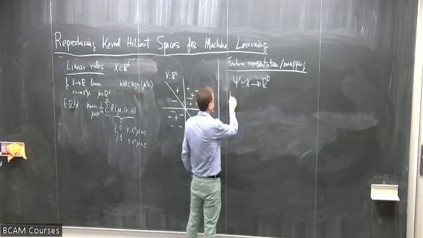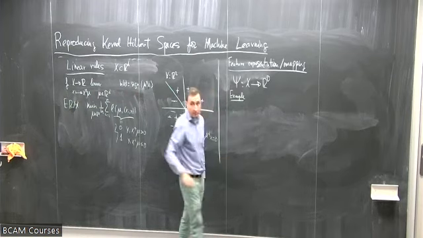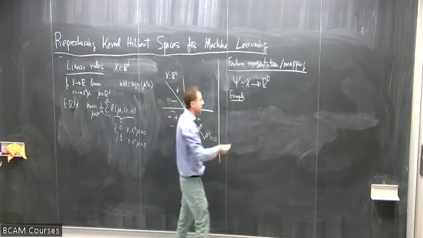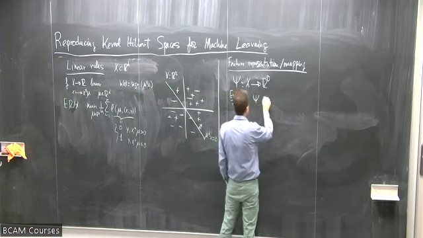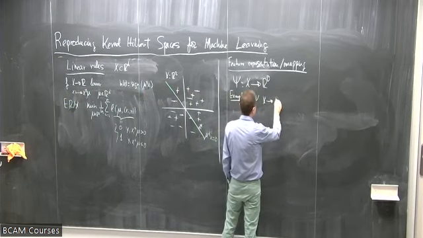So the easiest example we can think of is an example in which this feature map is just the following.